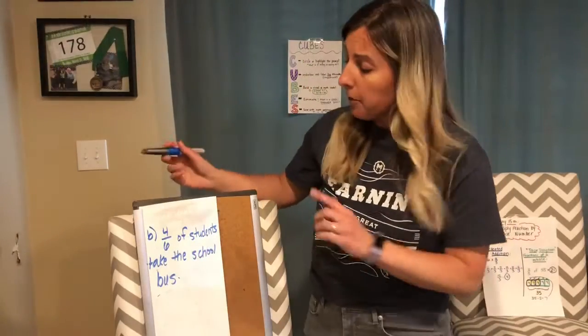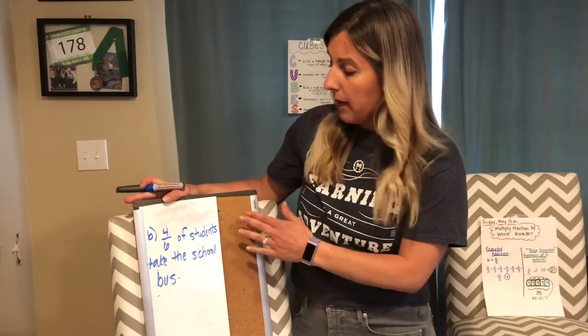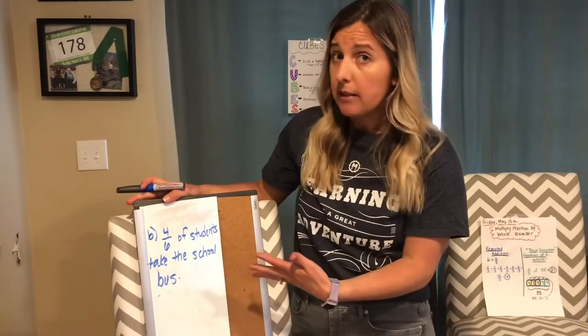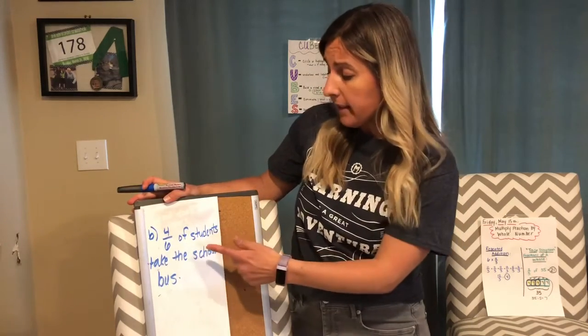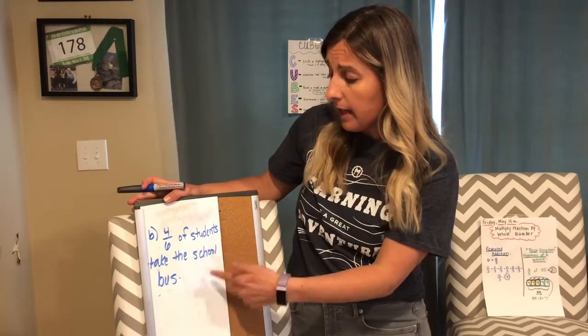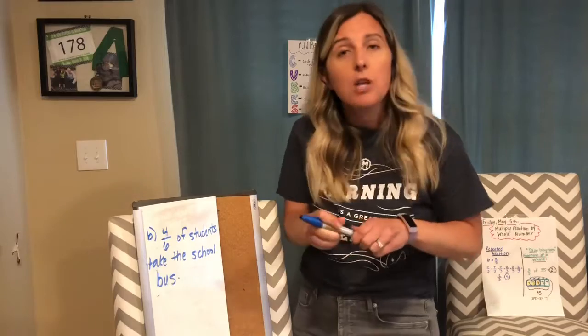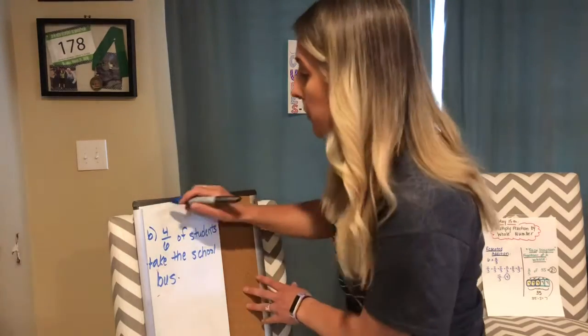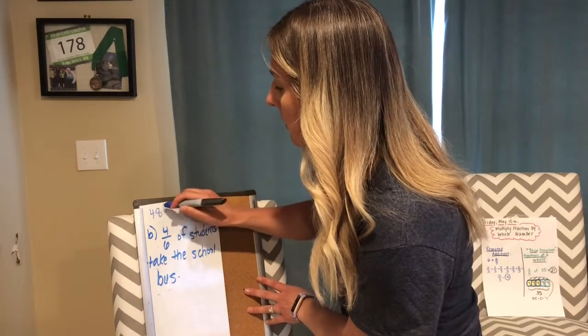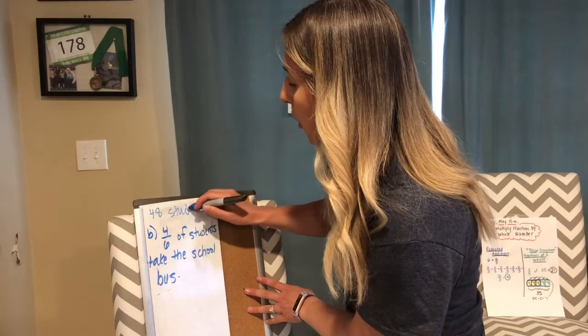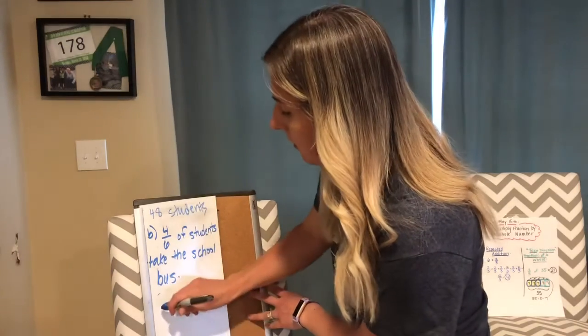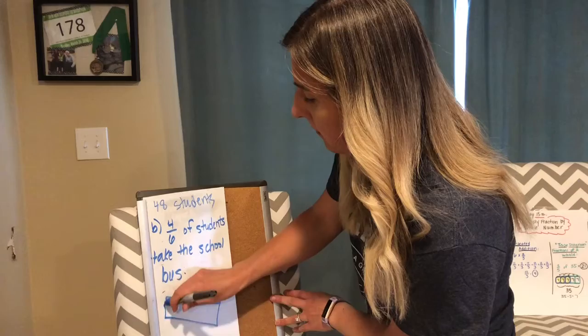So you'll see for part B that they ask you now to find out a different set of information. 4/6 of those students take the school bus. So remember, we're still talking about those 48 students. That's still our total, right?